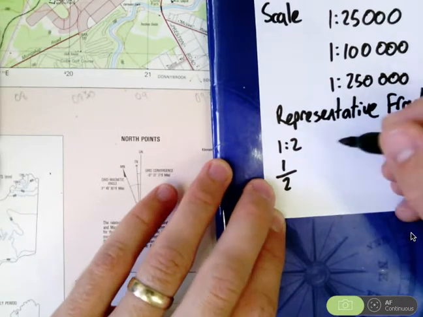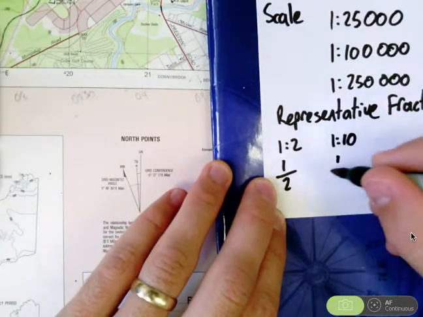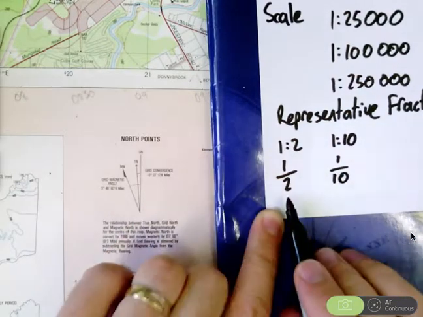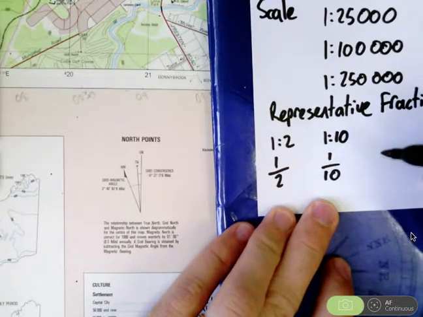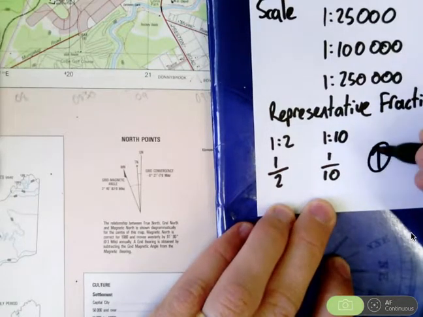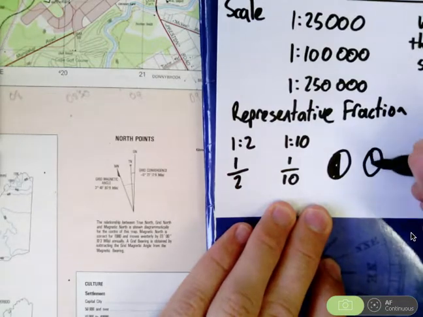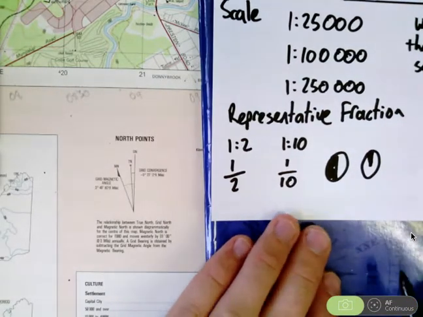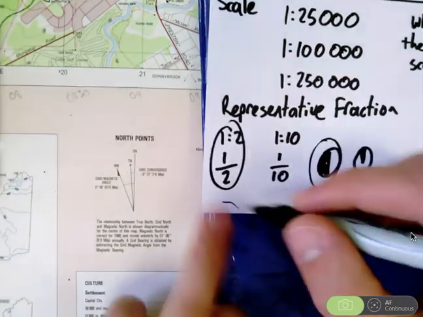So if you have 1 to 2 and 1 to 10, you have a half and a tenth. Now which is the larger piece? You have 1 to 2, which is a half, and 1 to 10, which will be a little sliver. Okay, you can see that 1 to 2 would be the larger.